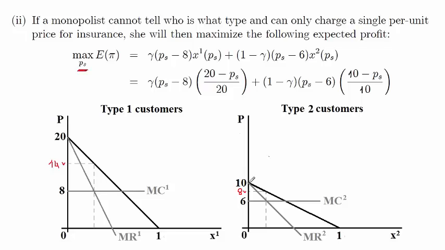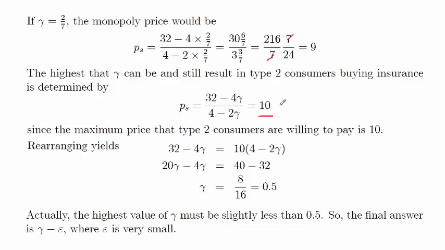In fact, if the price is equal to 10, their quantity demanded, their insurance coverage, is 0%. They buy nothing. So that's the upper boundary: 10 is the maximum that the type 2 consumers are willing to pay.